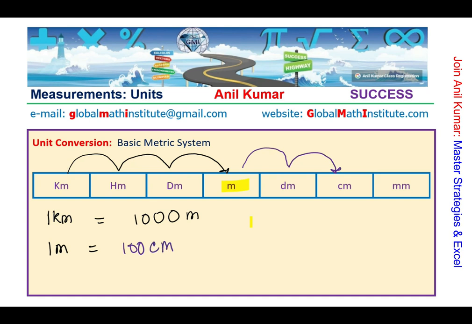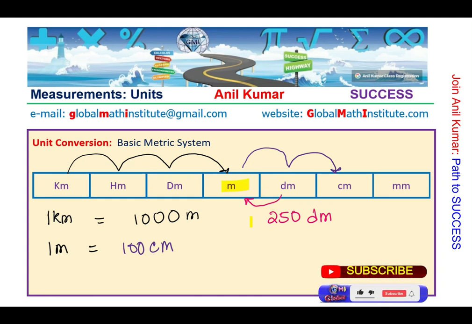However, if you go in the reverse way, that is to say if you have 250 decimeters and you want to go from here to meters, in that case you have to divide by 10, and so that'll be 25 meters. So that's how you do the conversion.